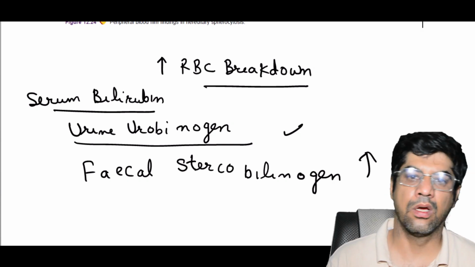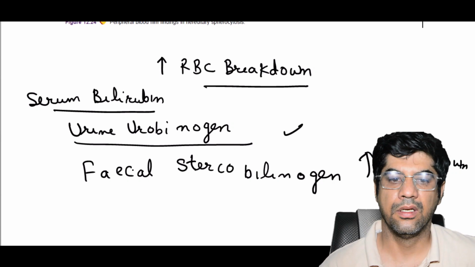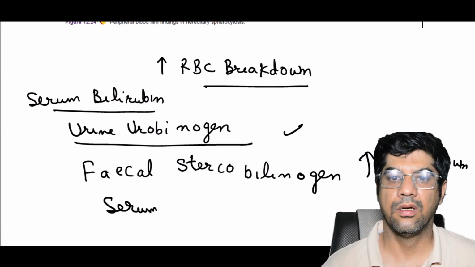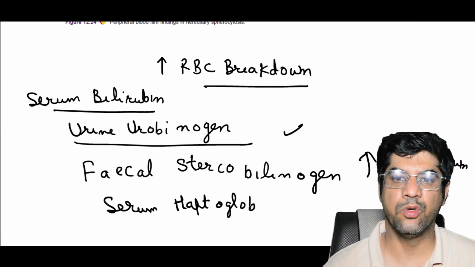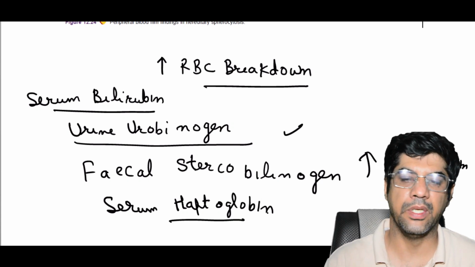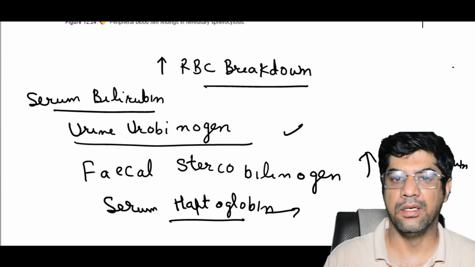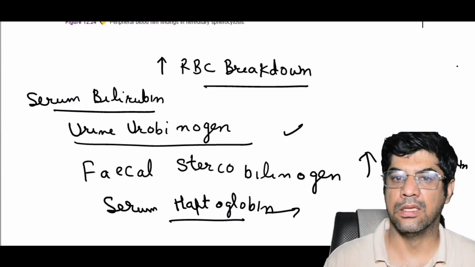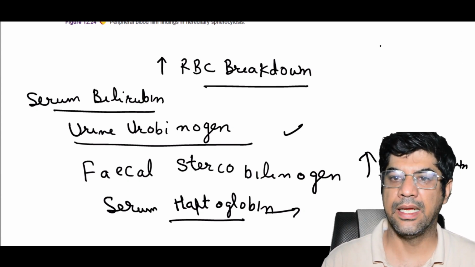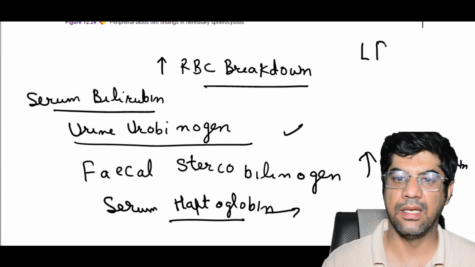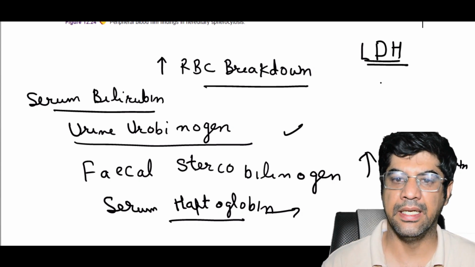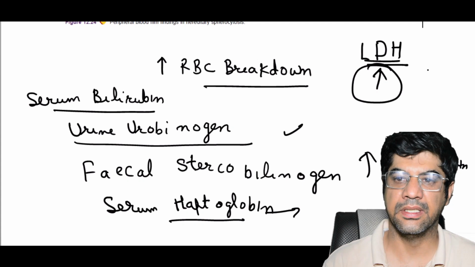The serum haptoglobin level would reduce as it binds to free hemoglobin released during the RBC destruction. The plasma lactate dehydrogenase level would increase, indicating the increase in cell turnover.